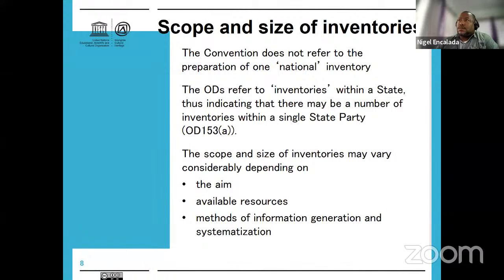The scope and size of inventories. The convention does not refer to the preparation of one national inventory. The operational directives refer to inventories within a state, thus indicating that there may be a number of inventories within a single state. We talked about that. The scope and size may vary considerably depending on the aim, the available resources, and the methods of information generation and systematization, right?